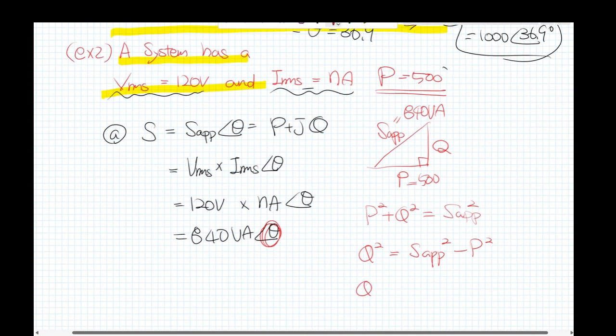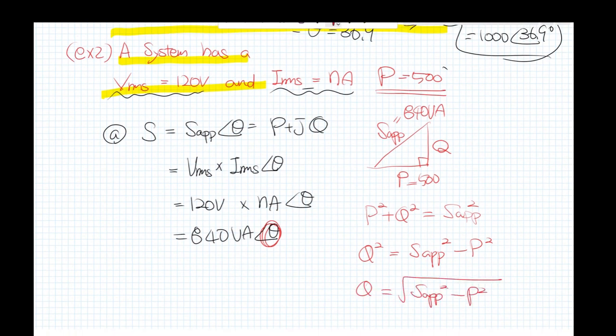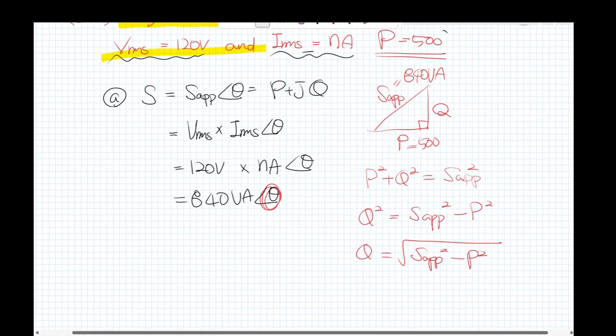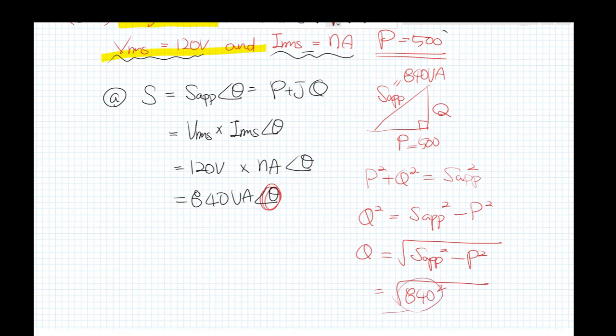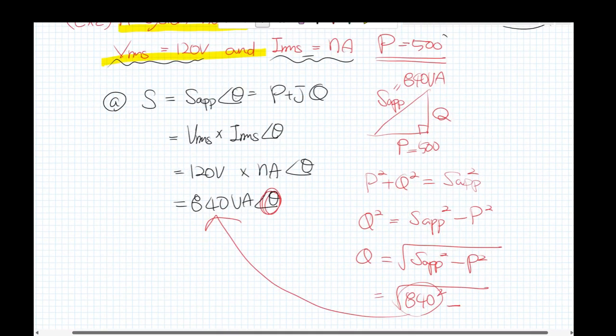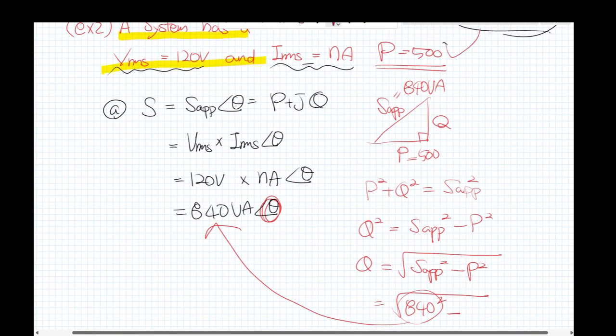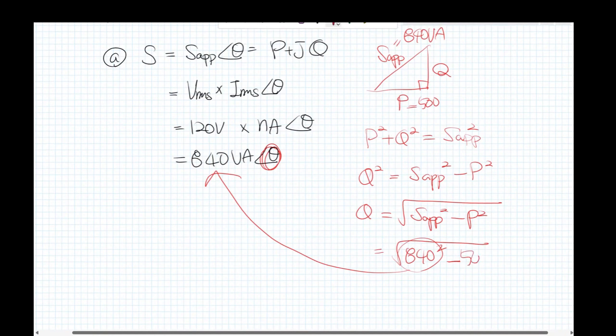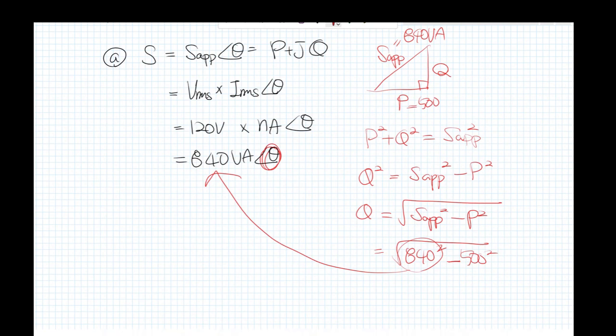So Q is the root of S sub APP square minus P square. We know S sub APP is 840, and P was given from the question, 500. So after calculations, Q is 675 VAR.